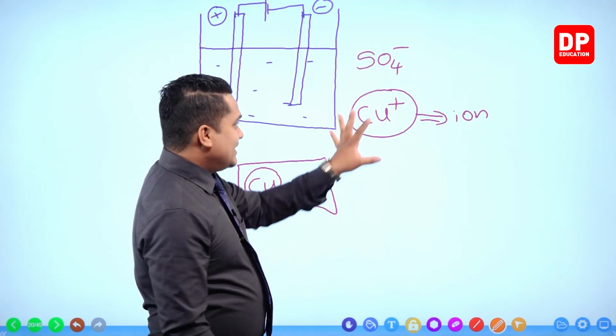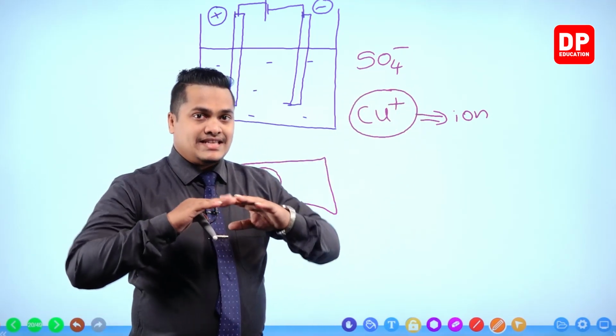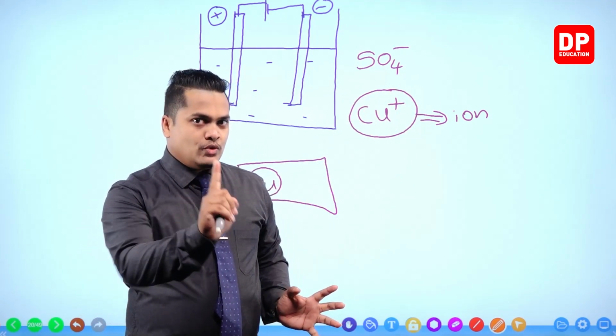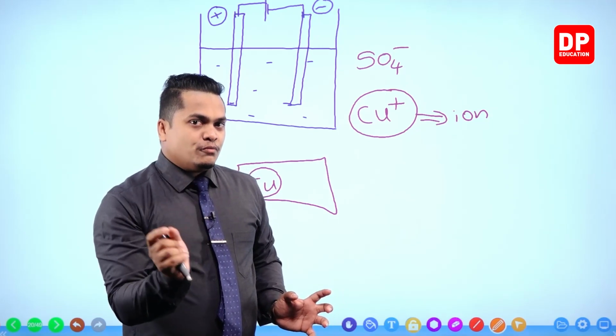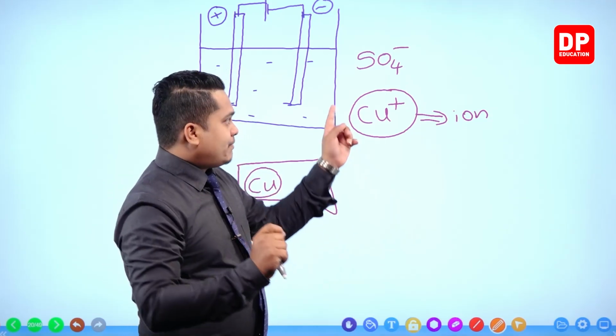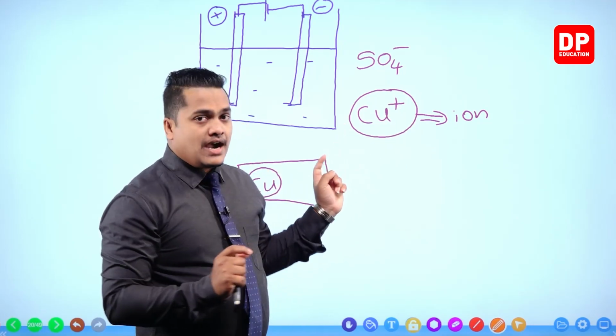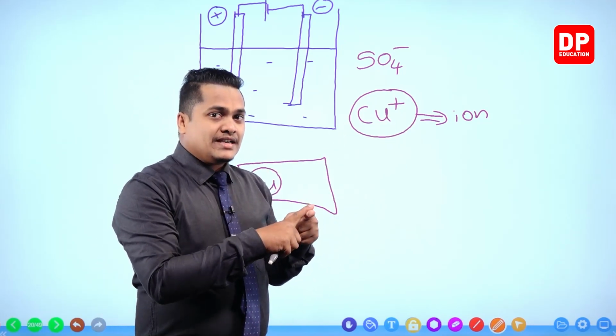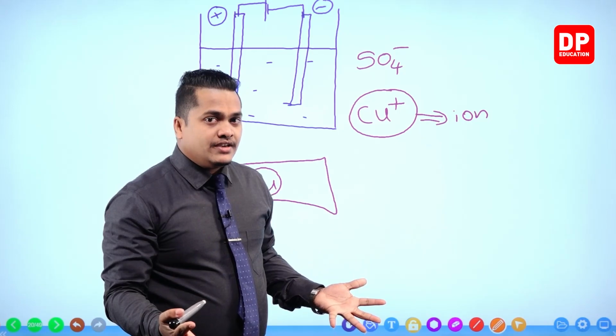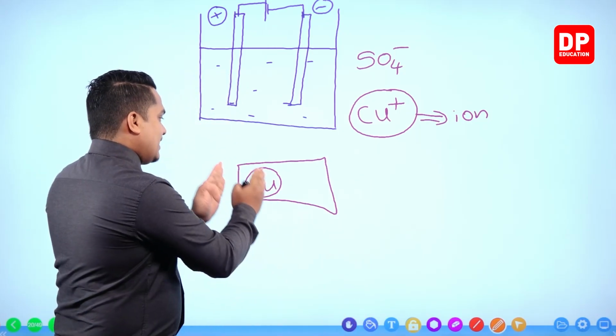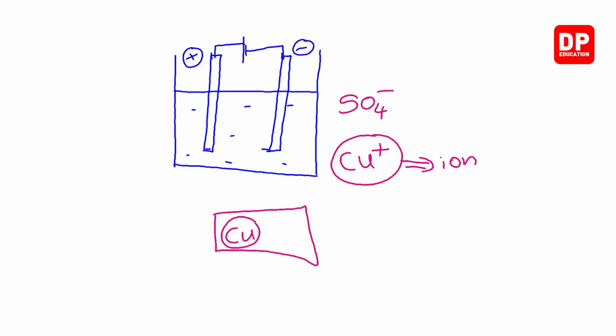By that way, this positive charge will disappear, because when you provide an electron to the positively charged copper ion, positive and negative charges cancel off and solid copper can be created.